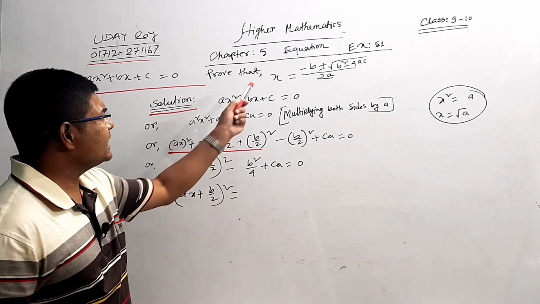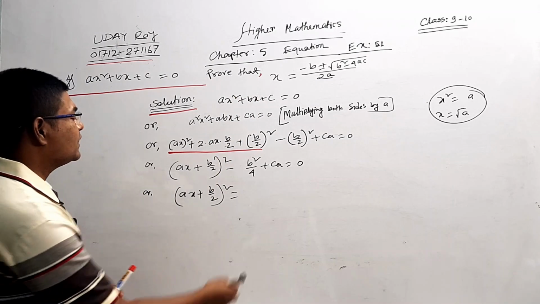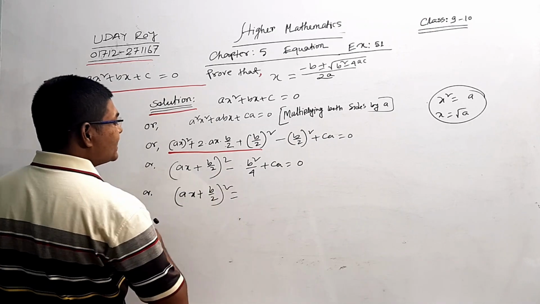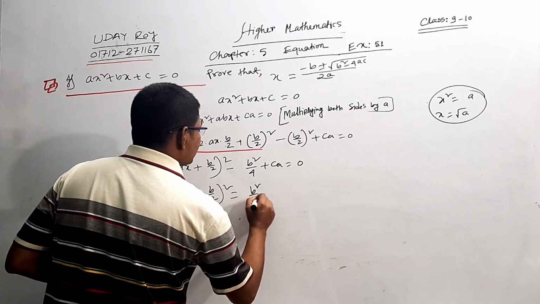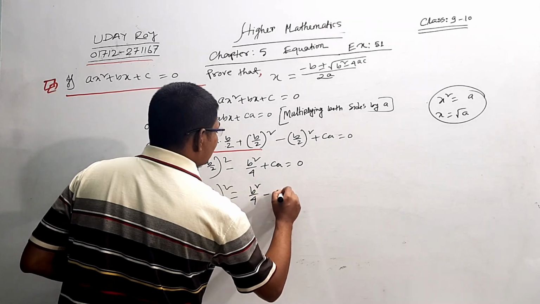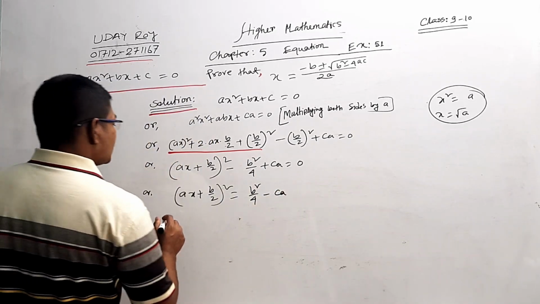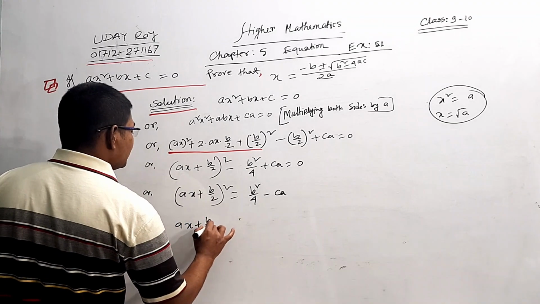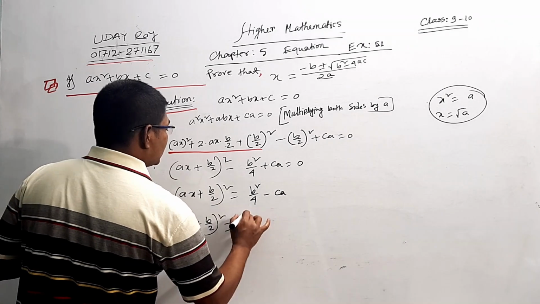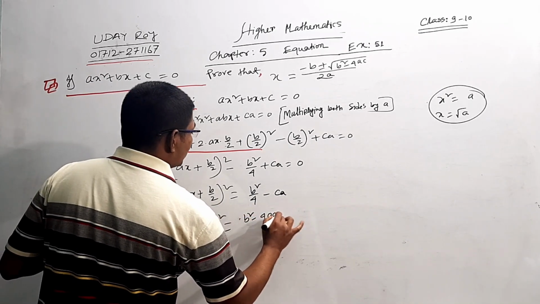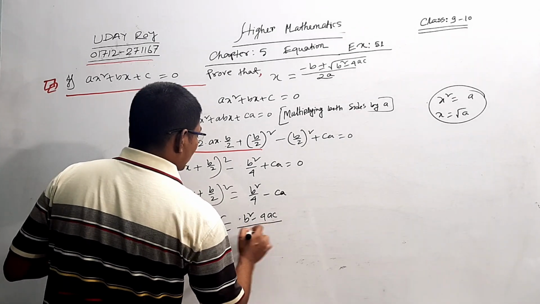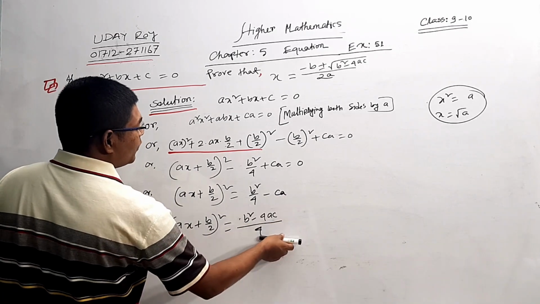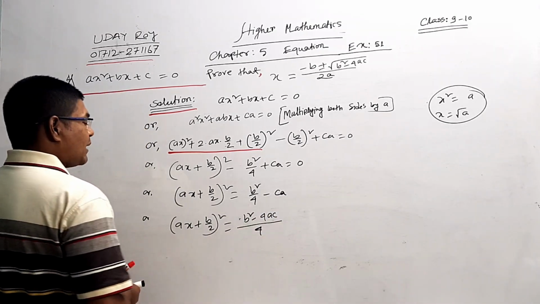In the left side there is no need for this, so side change, here is minus, so it will be b square minus 4ca. So we have got ax plus b by 2 whole square equal to b square minus 4ac divided by 4. That means just LCM, ca divided by 1 into 4.